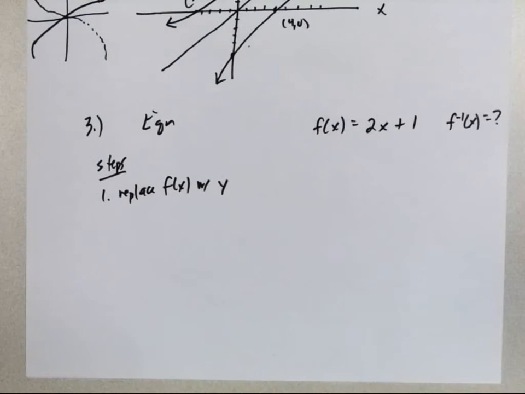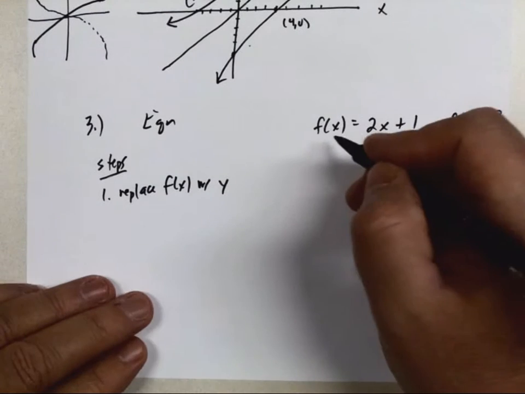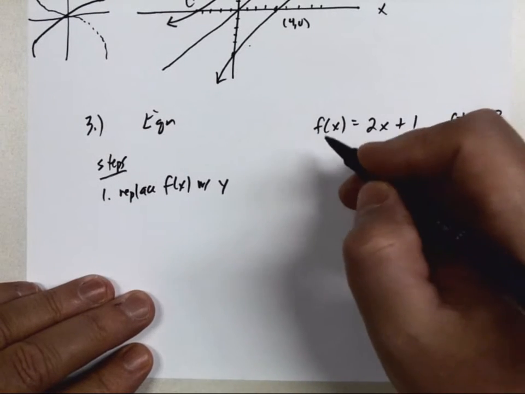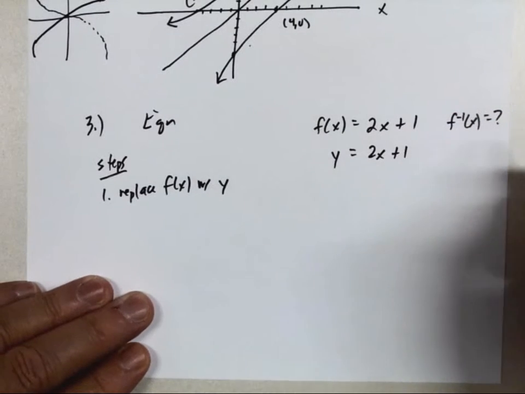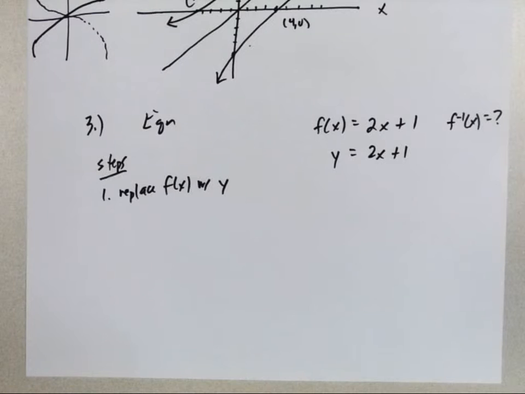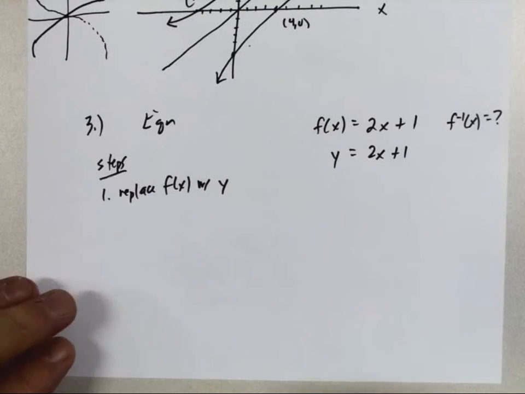First thing I do to make it easy, I'm going to replace f of x with y. You'll see in a minute why that makes it easy. Of course, f of x and y are really the same thing, so this is not anything too crazy. So I got y equals 2x plus 1.